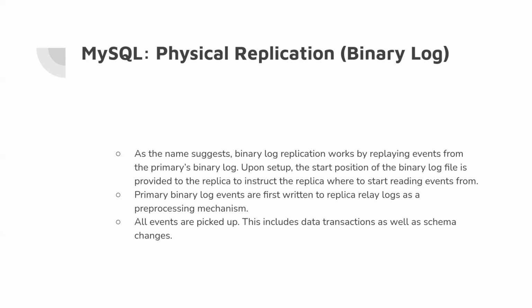So if you configure replication on the secondary replica side, you give it the credentials of the primary database. It will then read the binary log. It'll copy it to its own log called a relay log, and then from there it will replay the relay log onto itself.